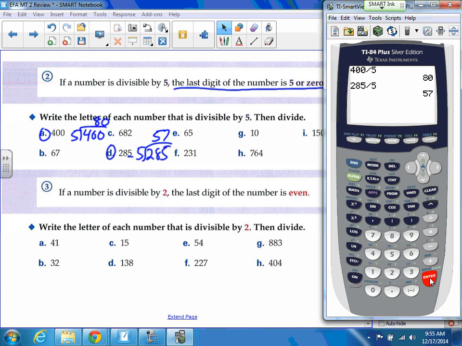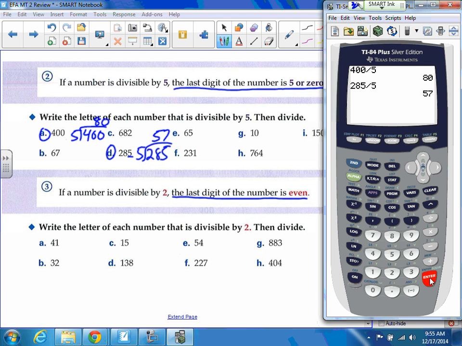Next we're going to look at the divisibility rule for 2. Again, that's very simple. You just look at the last digit, and if the last digit is even, your number is divisible by 2. Remember, those last digits would have to be 0, 2, 4, 6, or 8.